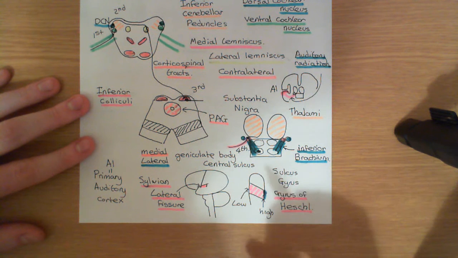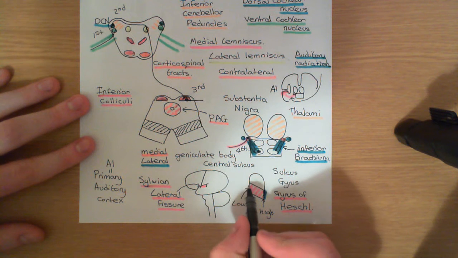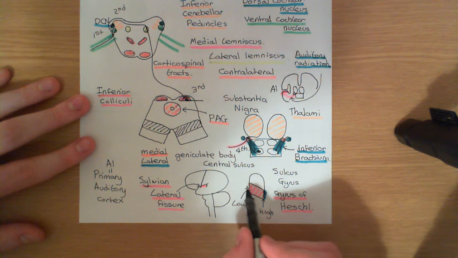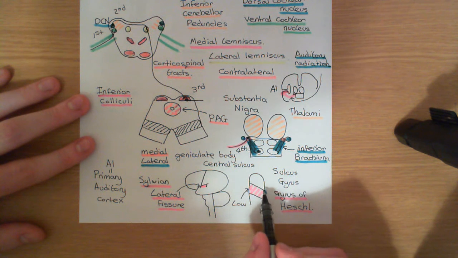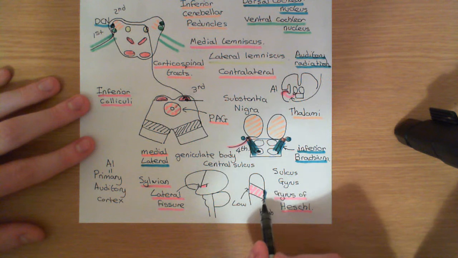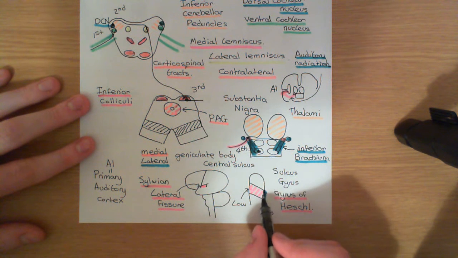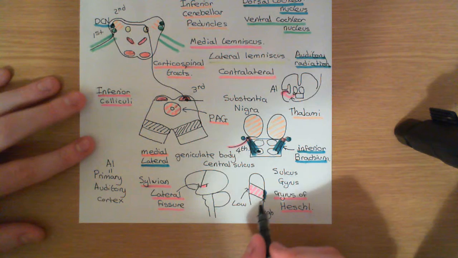So bipolar neurons innervating the apical portion of the cochlear duct will eventually transmit their information up to here via the pathway that we've just been talking about. Their information will arrive up here, and bipolar neurons innervating the basal portion of the cochlear duct, their information through these other intermediate neurons will eventually end up here.